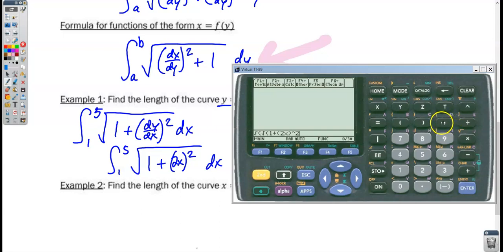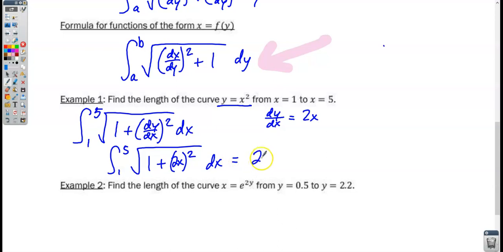I guess you could have just squared that out on your own without typing it in as such, from 1 to 5. And we find the arc length to be 24.395 for the length of this curve from x equals 1 to x equals 5.